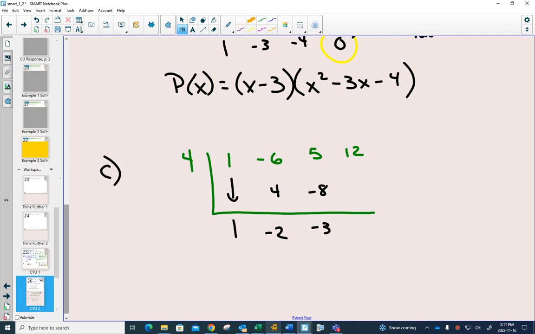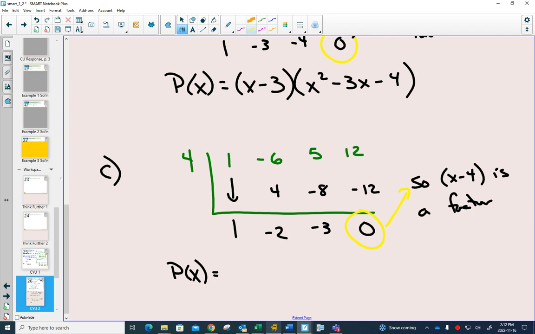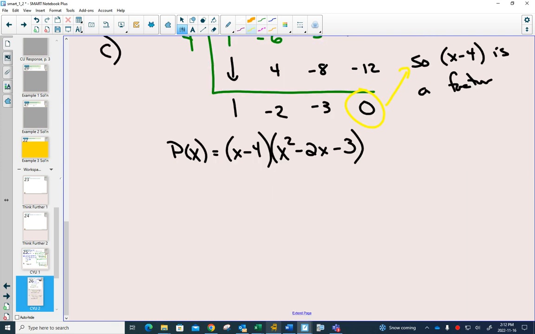Add. Multiply. Look at this. Are they all going to be factors? And if this is what we did, then we could write this division statement. P of x equals x minus 4 multiplied by x squared minus 2x minus 3. Leave a little space under that one, and then we'll get to D.